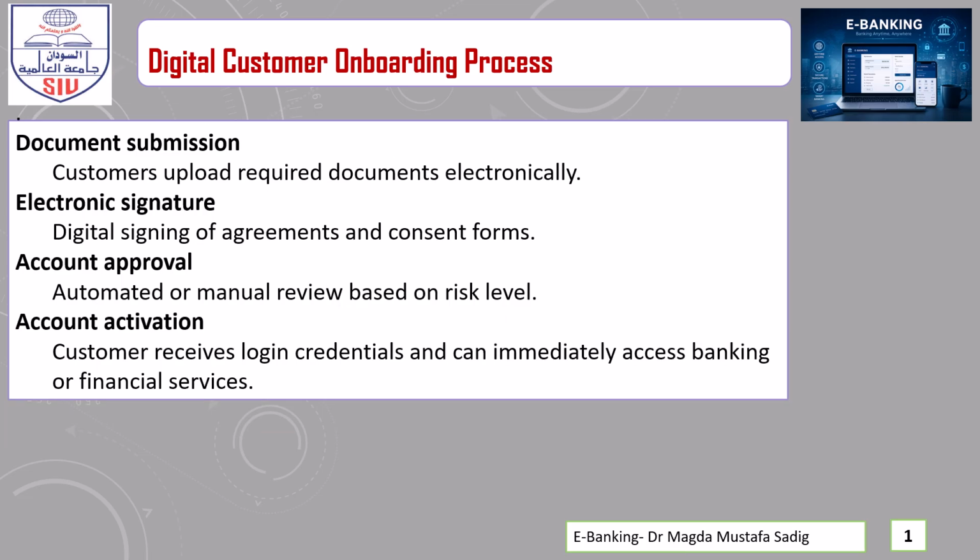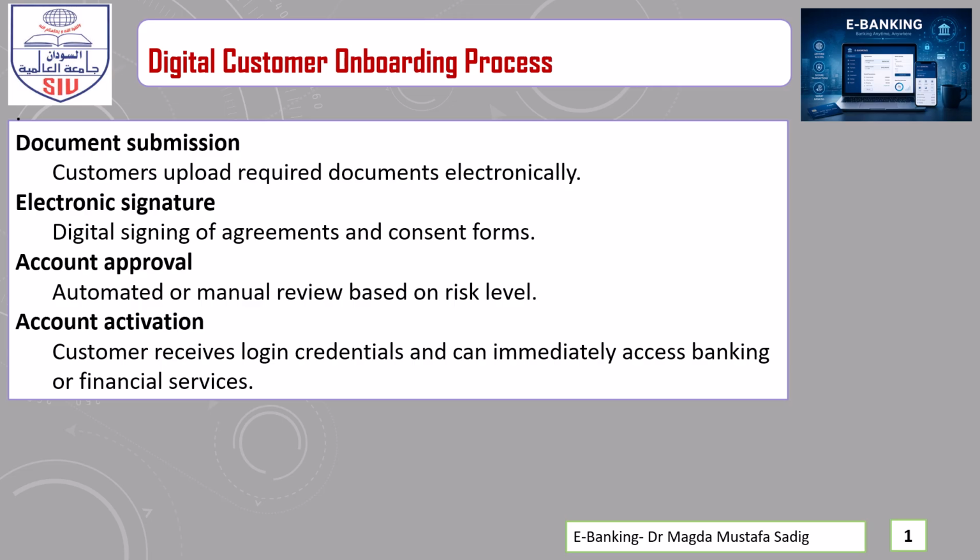Let us come to digital customer onboarding, part 2. Let us continue through the onboarding pipeline. Number 4, document submission. The system requests supporting proof such as a PDF of a recent utility bill or proof of income.